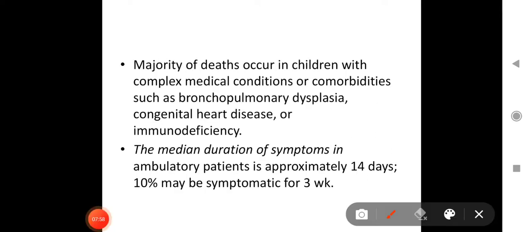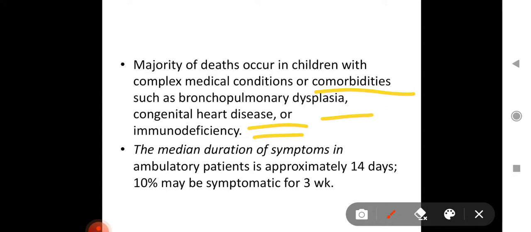Now, the majority of deaths occur in children with complex medical conditions or comorbidities such as bronchopulmonary dysplasia, CHDs, or immunodeficiency. Mostly all of you are postgraduate students, and you have noticed that if a normal, previously healthy, stable child with no comorbidity gets admitted with bronchiolitis during winter season, you discharge the patient in 2-3 days with minimal supplements and support.